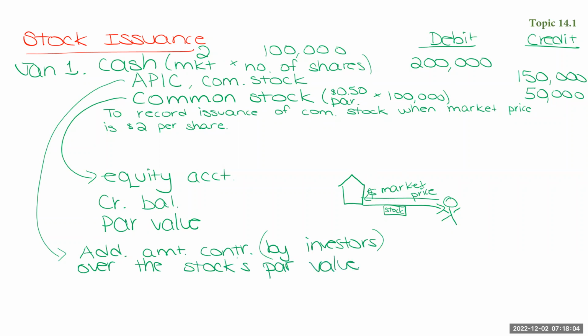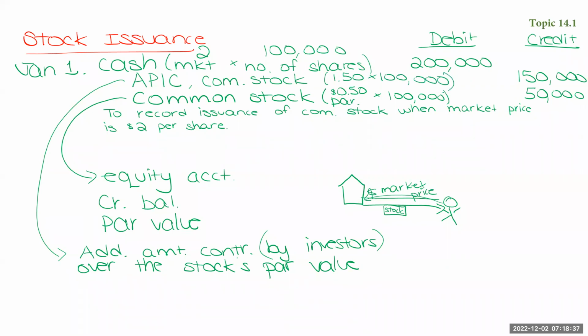It's the amount over par value that your stockholders paid in cash to the company. So it's for the difference between market and par. And the difference in this example was $1.50 times the 100,000 shares.